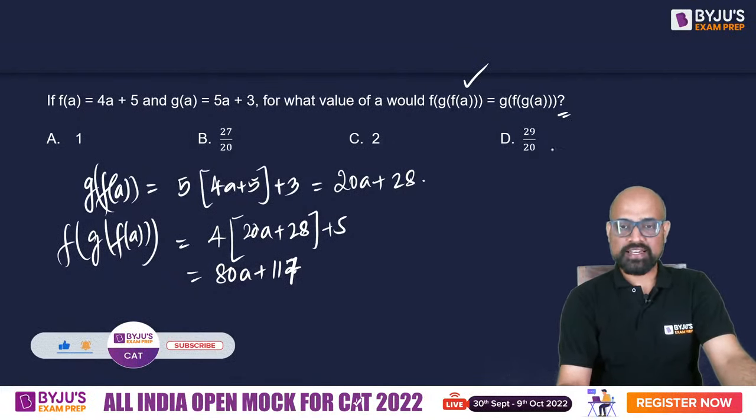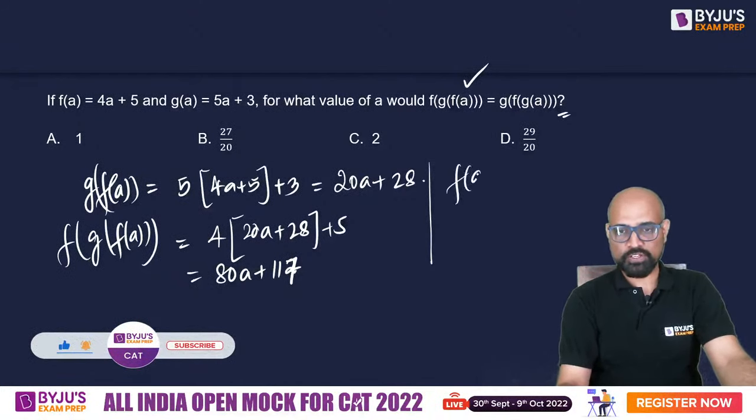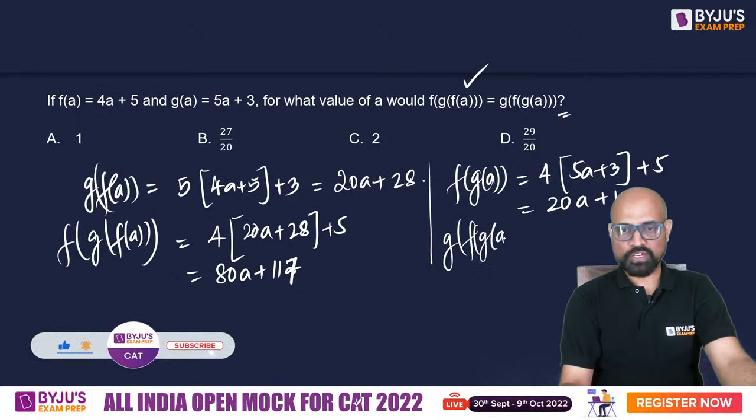The RHS side, we need to find out what is f of g of a first of all. So f of g of a is going to be 4 times of 5a plus 3 plus 5. This will result in 20a plus 12 plus 5, that is 17. And then we need to find out what we are going to have for g of f of g of a.